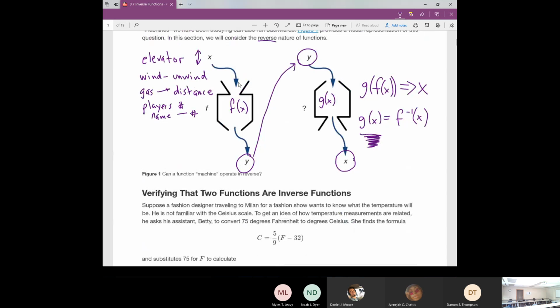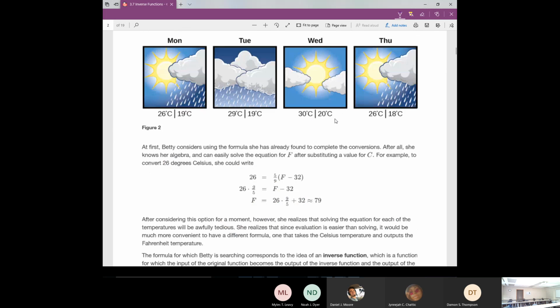I feed it x, get some result. I take that result, feed it into the inverse function. If I get x out, then I know that this is the inverse function of x. If I don't get x back by feeding it into this function, then that function is not the inverse.